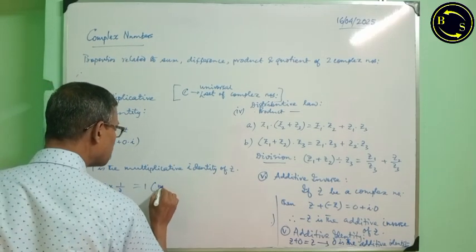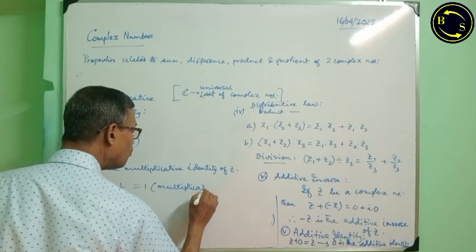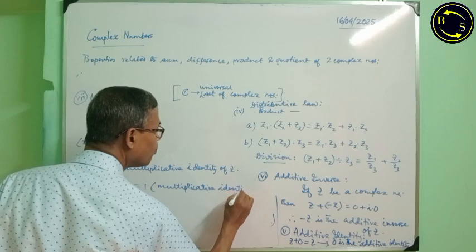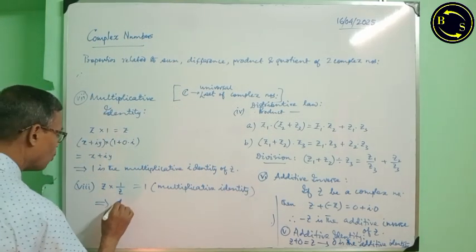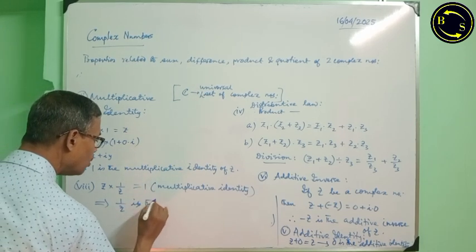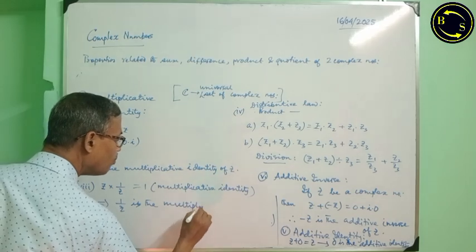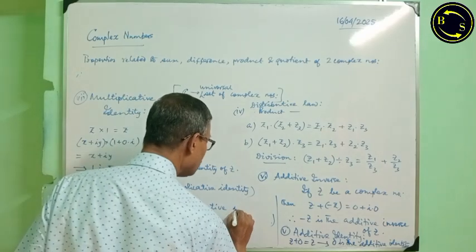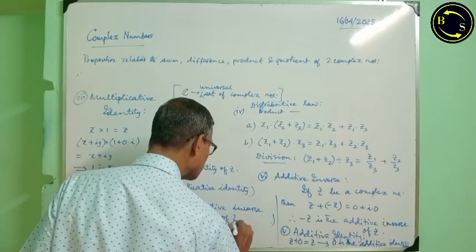That is multiplicative identity. Therefore, 1 by z is the multiplicative inverse of z.